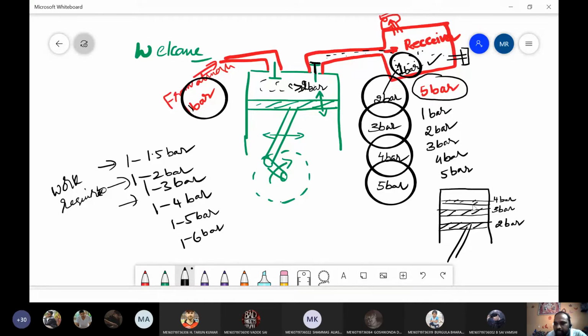If you keep on increasing the pressure, we already discussed there will be clearance between the piston and cylinder. That clearance volume should remain inside the cylinder. At a certain pressure, the piston may reach the top dead center. There is no volume left to deliver at, let us say, 8 bar.